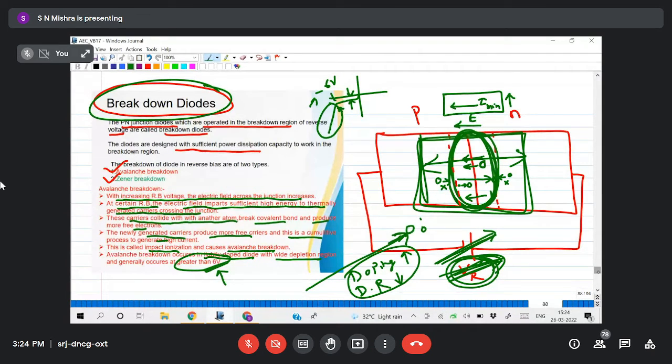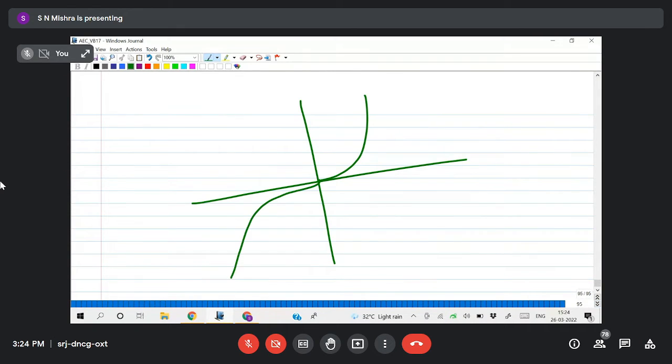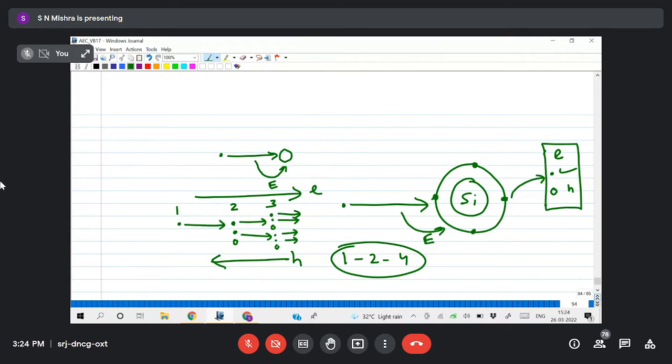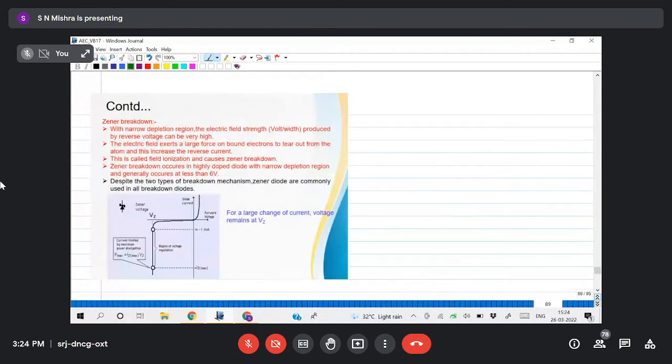Because whenever we draw any characteristic, we draw it like this. So 6 volt here is a negative voltage, minus 6 volt. If you take the magnitude, it is 6 volt, so it is written as magnitude 6 volt. But actually reverse 6 volt will be minus 6 volt. Understood? Yes, sir.